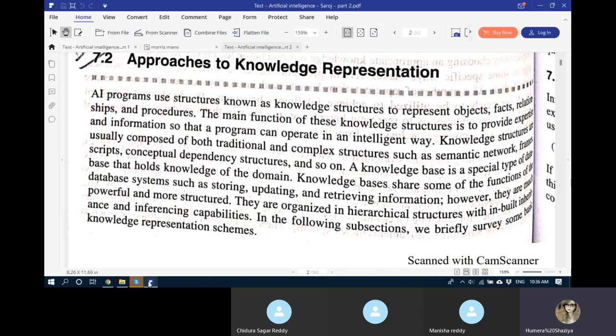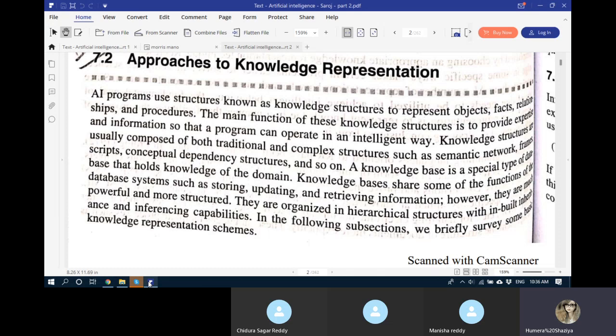You can store information about so many things in the form of a database. If you create a database of student, you can have student roll number, name, marks, class, date of birth, and address. That is a database. A knowledge base is a special type of database that holds knowledge of the domain.